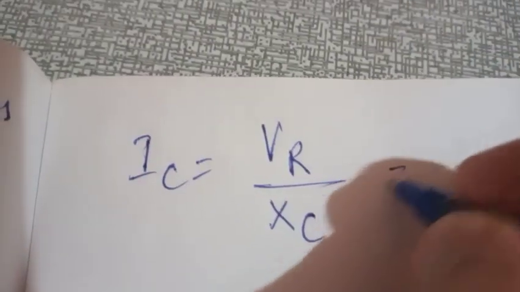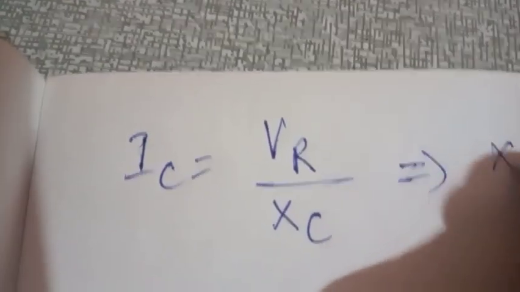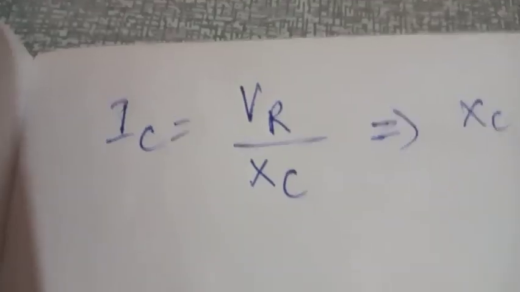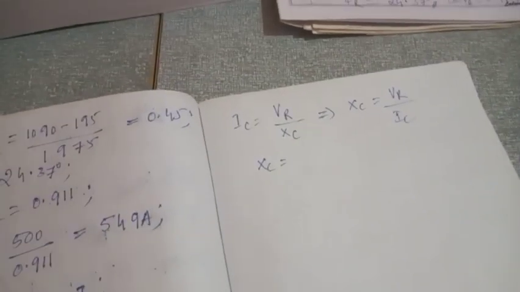What is the formula for IC? IC is equal to V divided by XC, right? So XC is equal to VR divided by IC. What is the VR value?